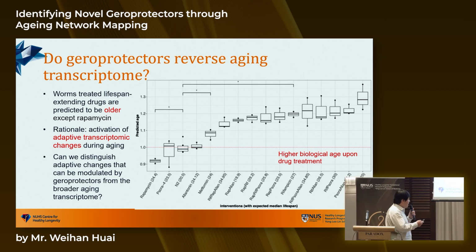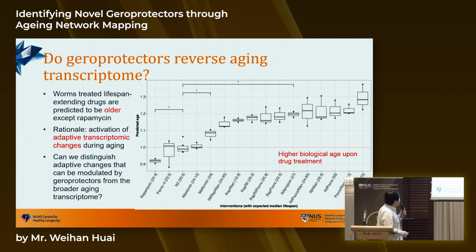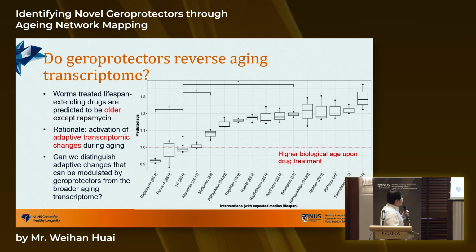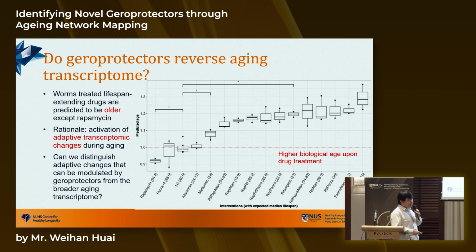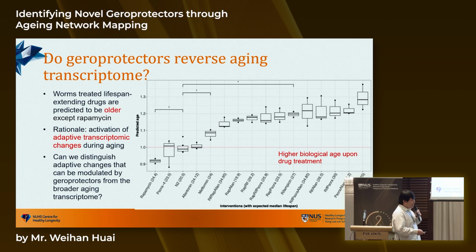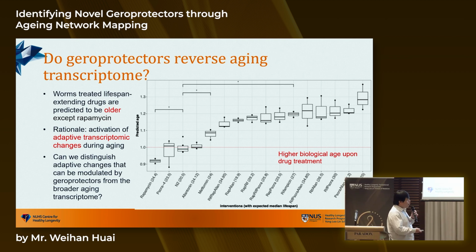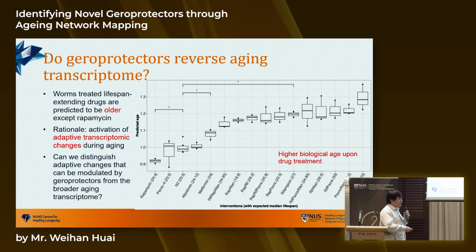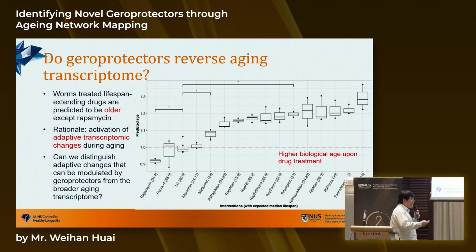So one explanation is that during aging there is an adaptive process that is activated in response to this accumulation of damage. And these geroprotectors will actually activate these pathways. And what will happen is that once it's activated, you are going to have a long-term protective effect on the C. elegans.